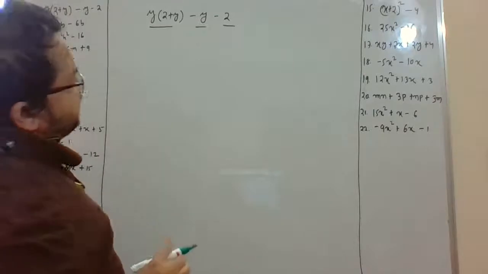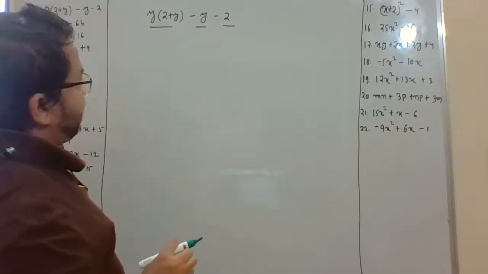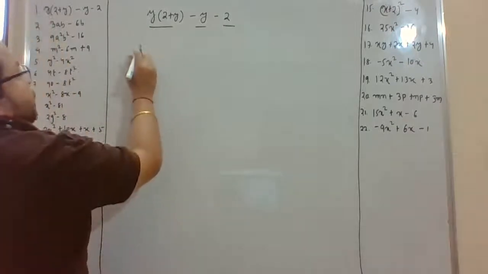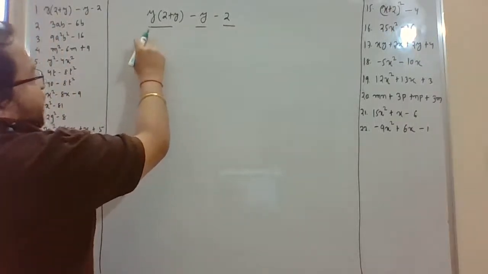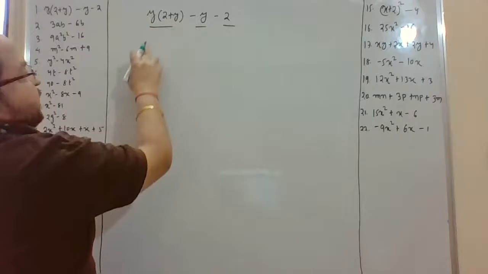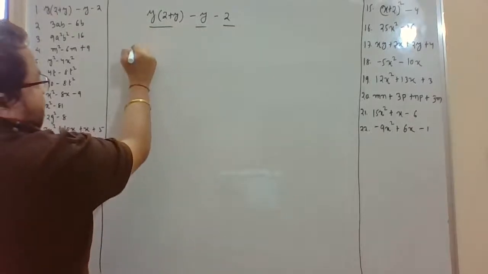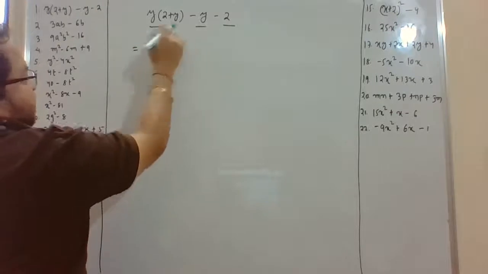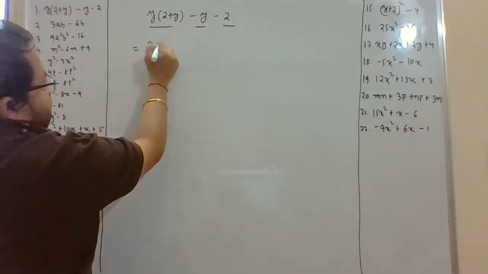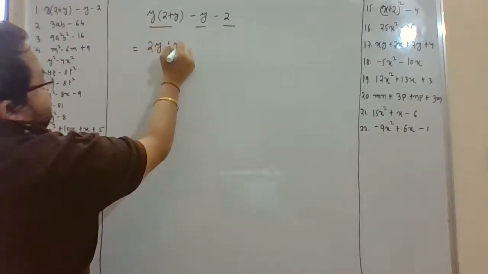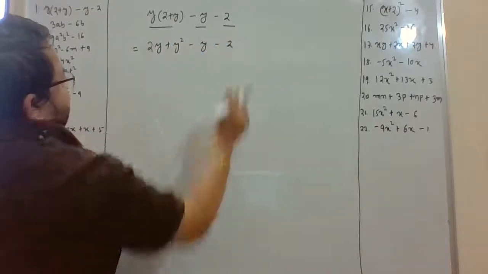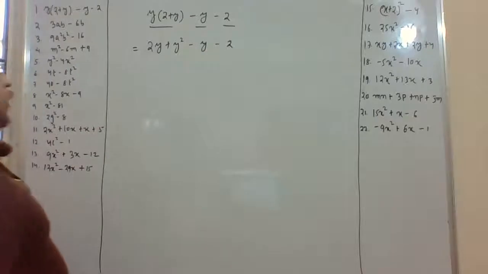One way is to open it up. If a student does the expansion of the first term, it becomes 2y plus y squared minus y minus 2. So this is one way.